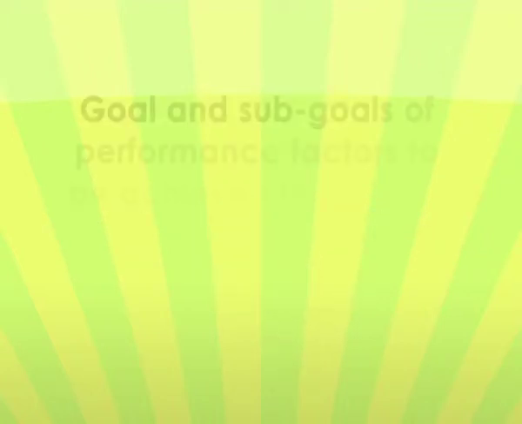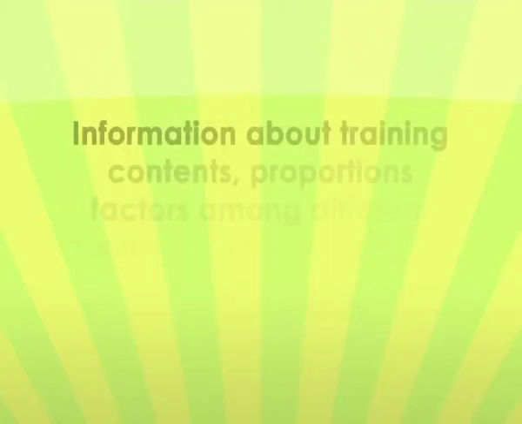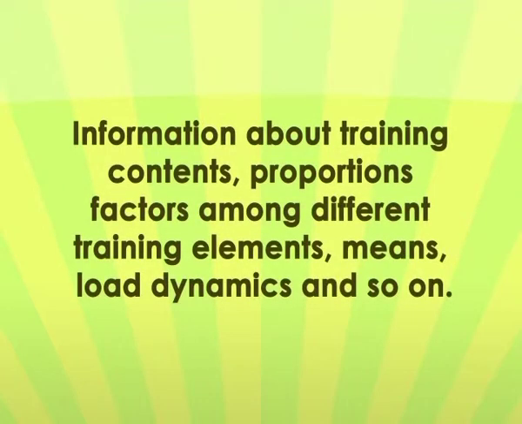Third, goal and sub-goals of performance factors to be achieved till the end as well as at certain points during the total plan period. Fourth point is that information about training contains proportions, factors among different training elements, means, load dynamics, and so on.